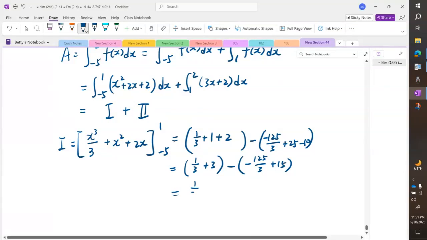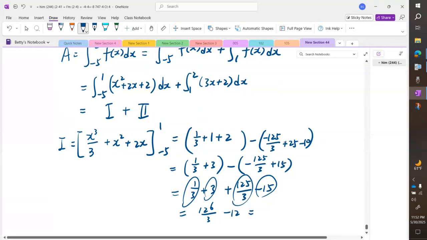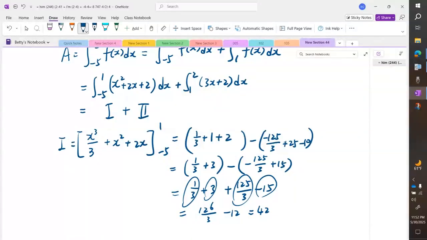Now I'm going to remove the parentheses. 1 over 3 plus 3 plus 125 over 3 minus 15. This one and this one, 126 over 3. This one is minus 12. 126 divided by 3 is 42. Yeah, 42 minus 12 is 30. So the first definite integral is 30.